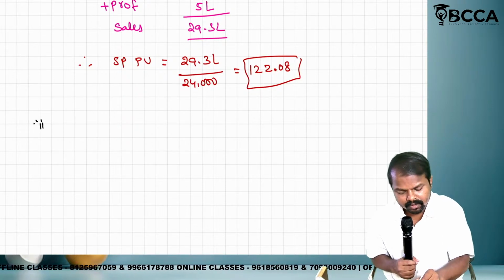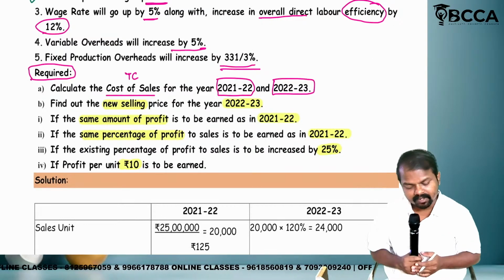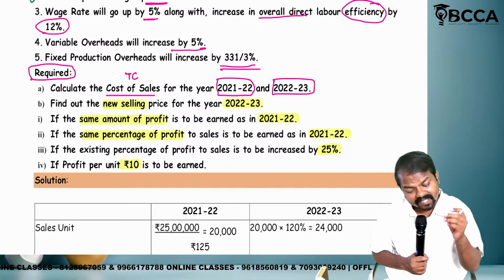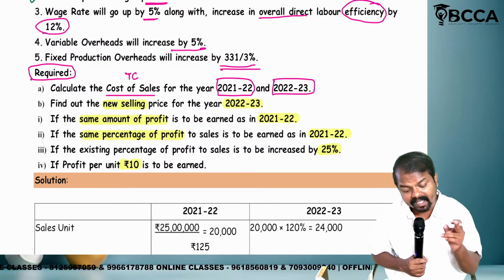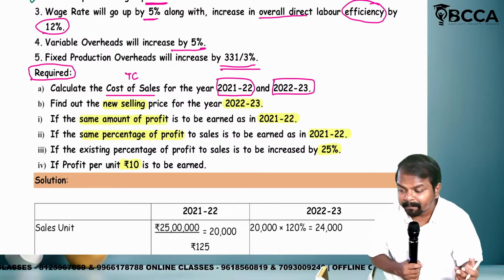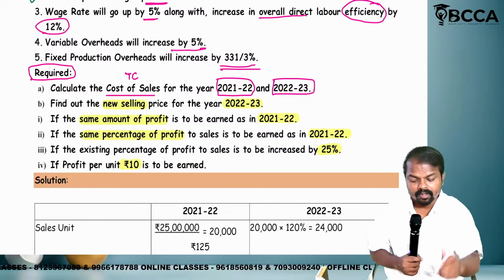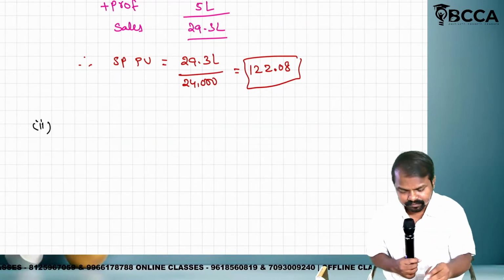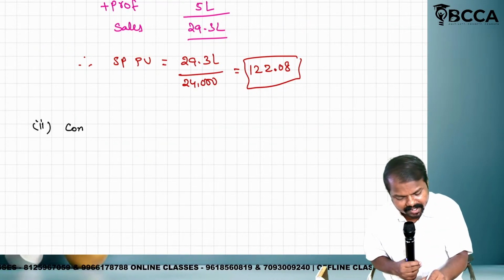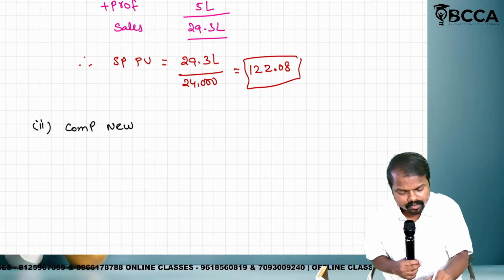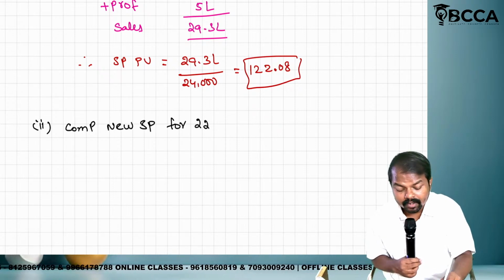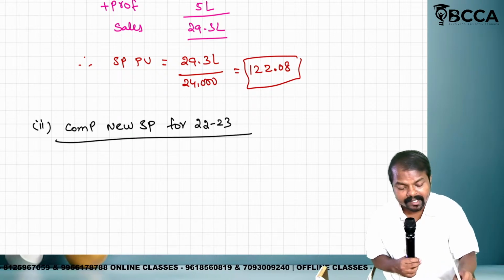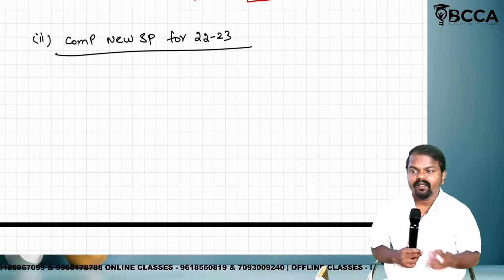What is situation number 2? Find the selling price if the same percentage of profit to sales is to be earned as in 21-22. Computation of the new selling price for which year? 22-23. Correct?